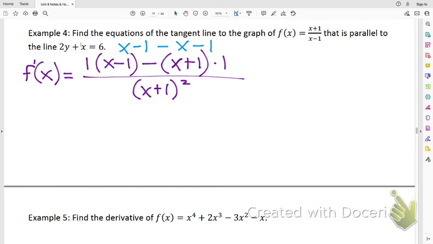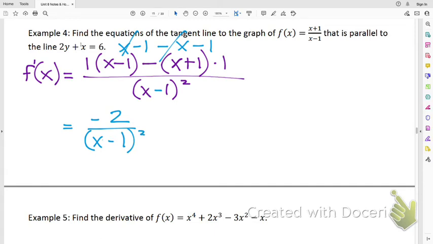That 1 times the x minus 1 just gives me x minus 1, and then I distribute the negative. What's going to cancel? The x's. So what is my simplified derivative here? Negative 2 over x... oh, it is minus 1. Why did I write plus 1, guys? Tell me when I do it wrong. X minus 1 squared. All right, there's our derivative.